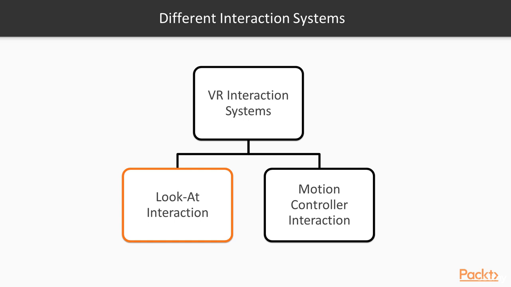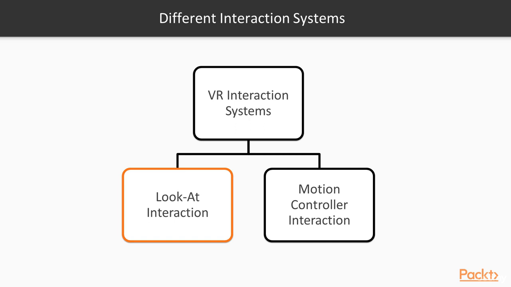In both cases, the end user has to look at the object he wishes to interact with. In the first variation, the interaction will be automatically triggered after a fixed period of time has passed while the player is looking at the object. In the second variation, however, the user has to provide a basic input, such as a button tap, while looking at the object he wishes to interact with.